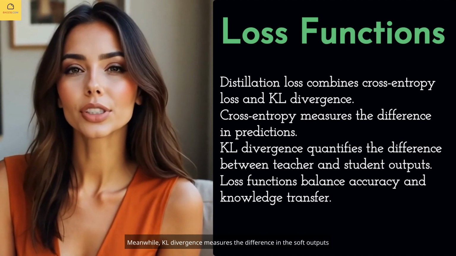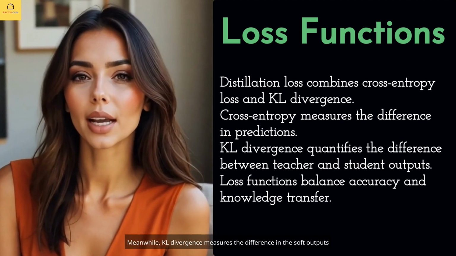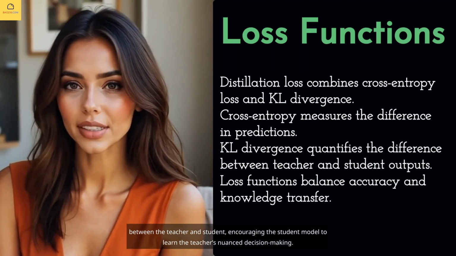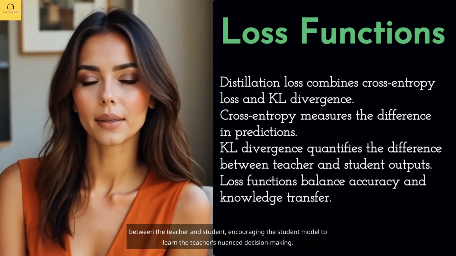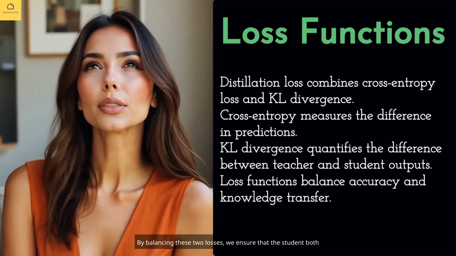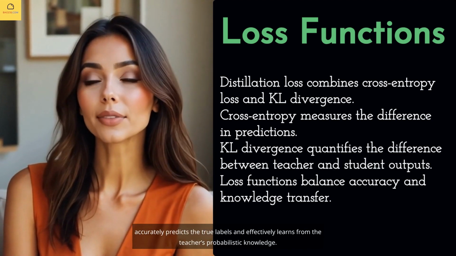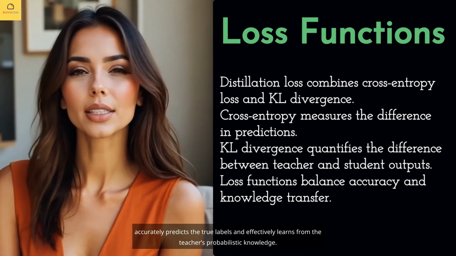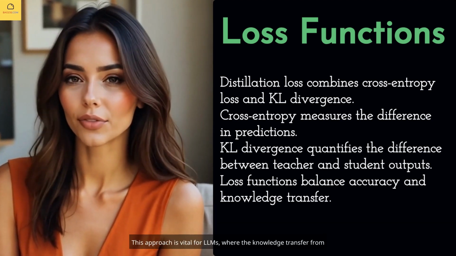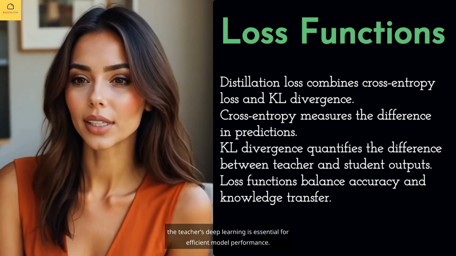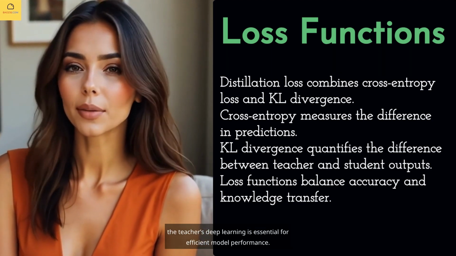Meanwhile, KL divergence measures the difference in the soft outputs between the teacher and student, encouraging the student model to learn the teacher's nuanced decision-making. By balancing these two losses, we ensure that the student both accurately predicts the true labels and effectively learns from the teacher's probabilistic knowledge. This approach is vital for LLMs, where the knowledge transfer from the teacher's deep learning is essential for efficient model performance.